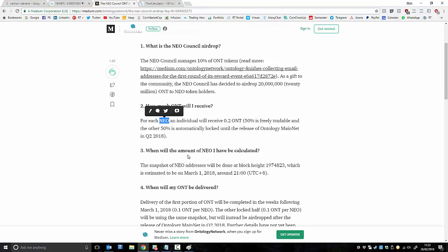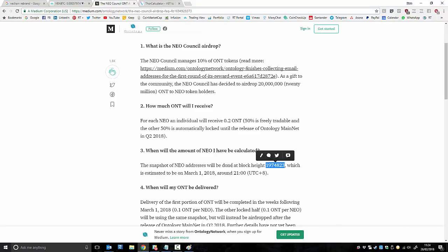If you leave it in the exchange, I'm keeping it in my Neon wallet. For every NEO you have, you'll get 0.2 ONT. So yeah, I'm going to be loading up on NEO just for the snapshot on the 1st of March, and it's going to be at that block height.